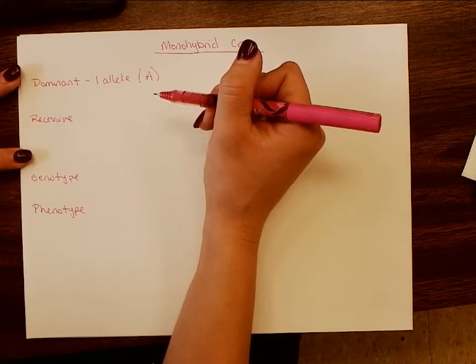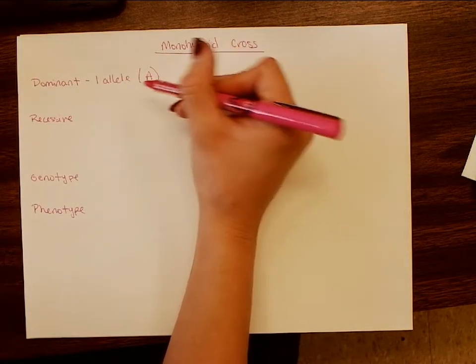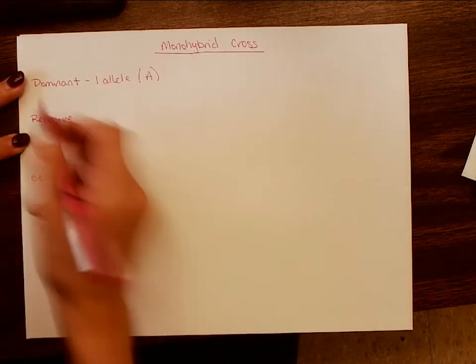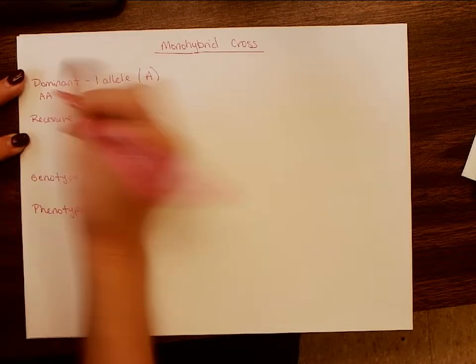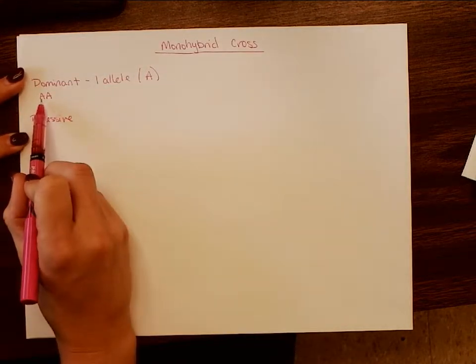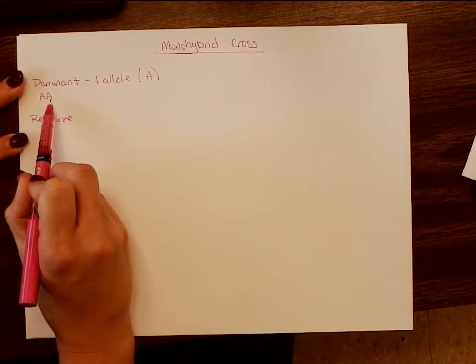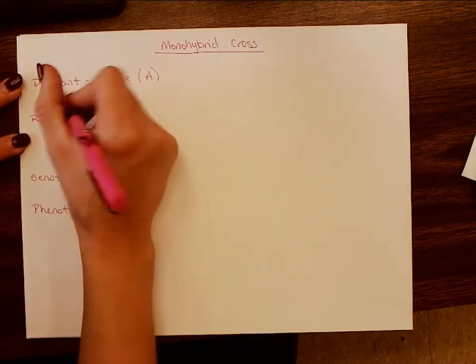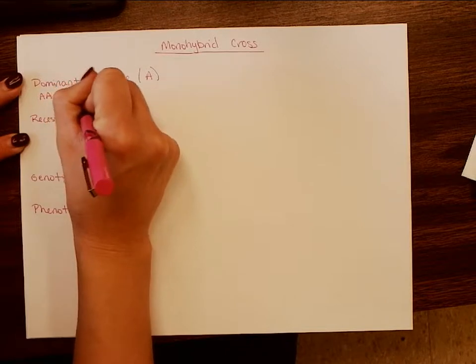Now because we get our genes from our parents, we get one allele from mom, the other one from dad. When we have the dominant trait, we could see that it is a capital A, capital A. We've received a dominant trait from mom and a dominant trait from dad. If these genes are the same, we say that this individual is homozygous.